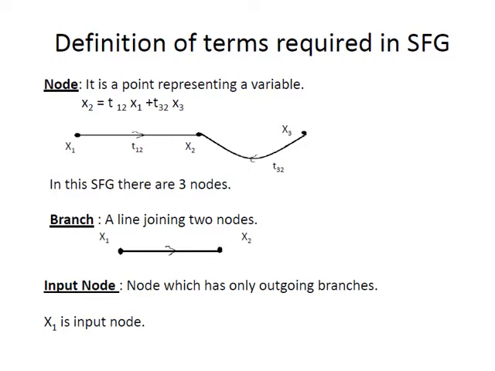It is called an input node, origin node or source node. If you look at the first diagram here, it has only outgoing branches, so it is called a source node or input node.